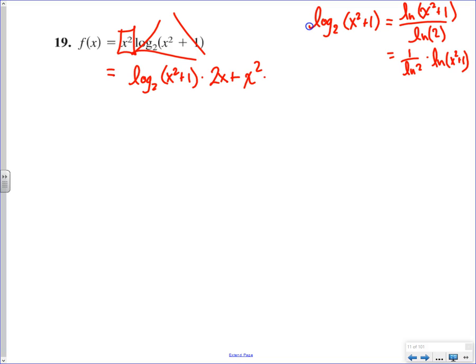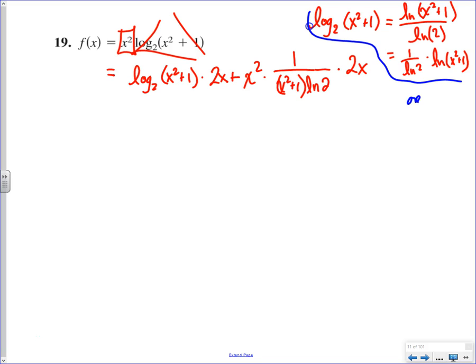Does anybody remember log base b of u? 1 over u ln b times u prime. Good. That is another way, because their way would have had you plug this in for log base 2 and do the derivative.